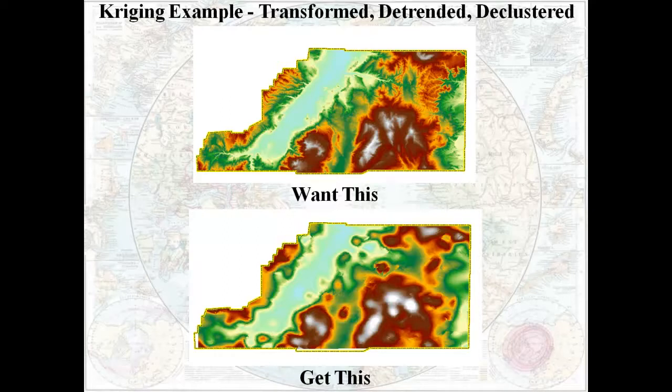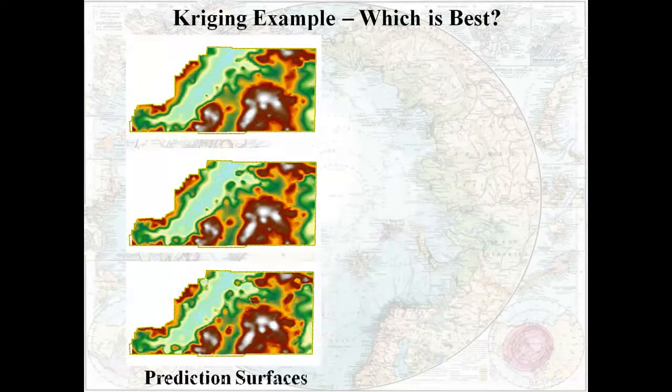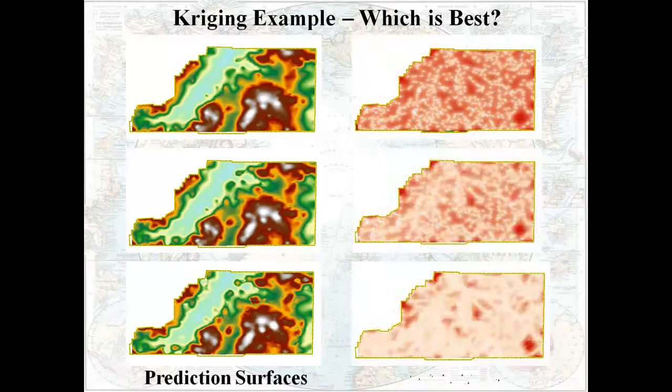But what you can get when you do kriging is you can get statistics, and you can get an estimate of how much error there is in the kriged interpolation. And so how do we know which one of these is best? It's kind of hard to tell just looking visually at the interpolated surfaces. But kriging also gives you an estimate of the errors, and these are called the error surfaces.